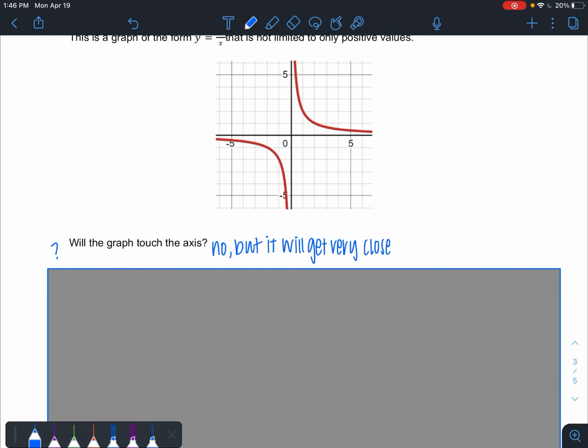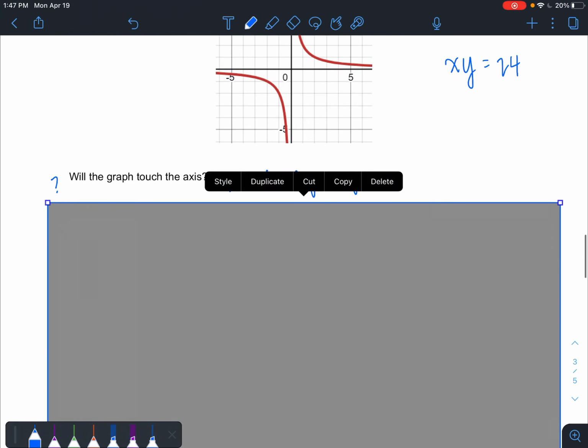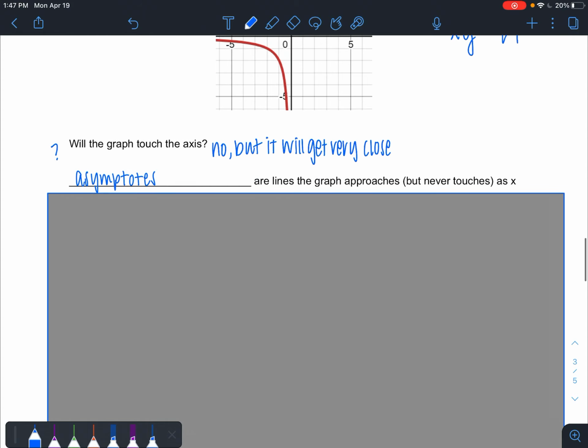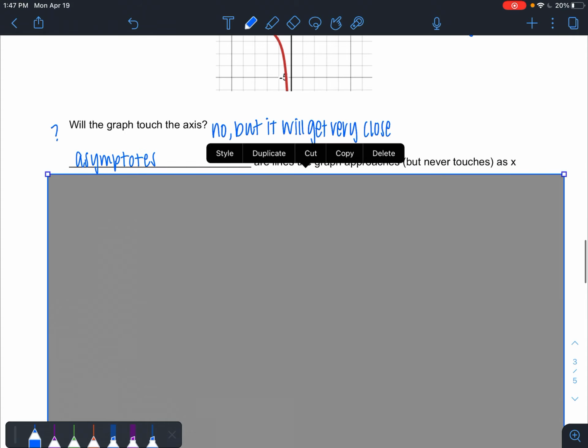If we think about that problem we had a few days ago where x times y equals 24, it always has to equal that, but no matter what I divide by, I will always have a number. Even if that number is really, really small, it just makes y very, very big. So we'll get really, really close, but we will never get to 0 because 0 times anything is 0. So we can't actually have 0 as an answer.